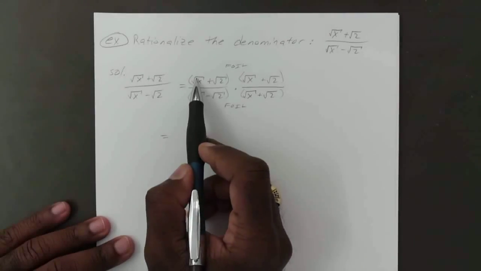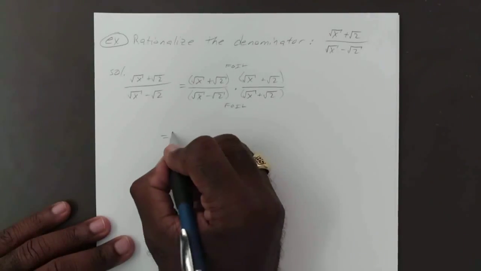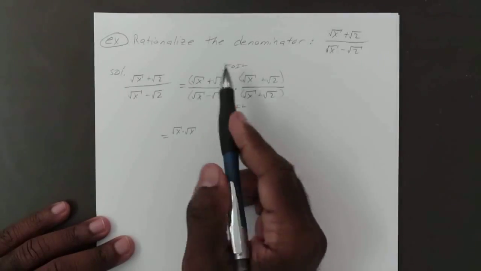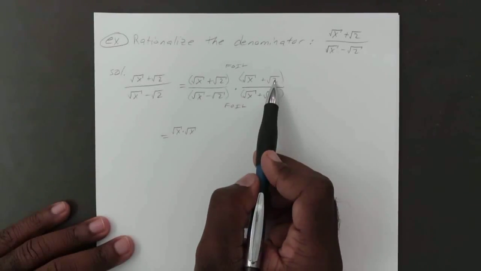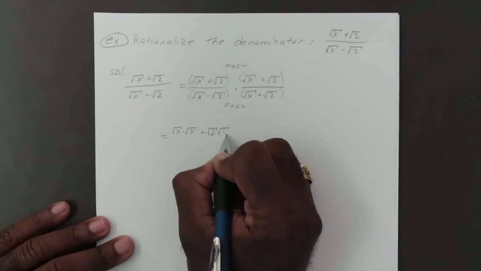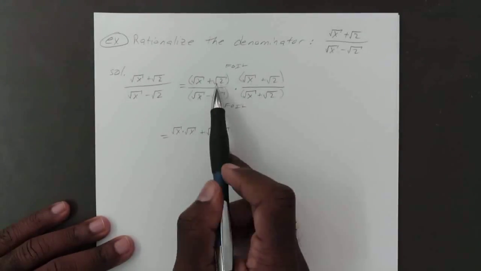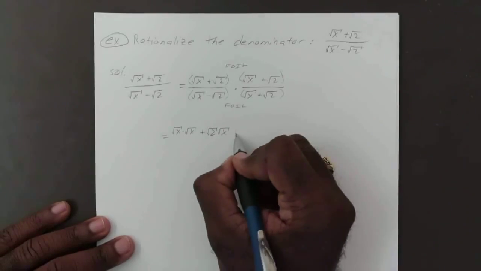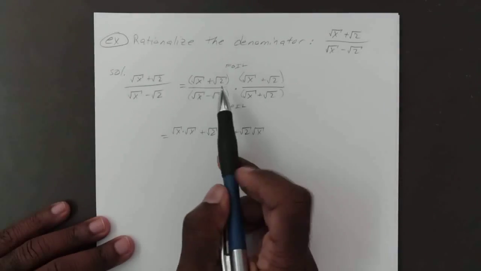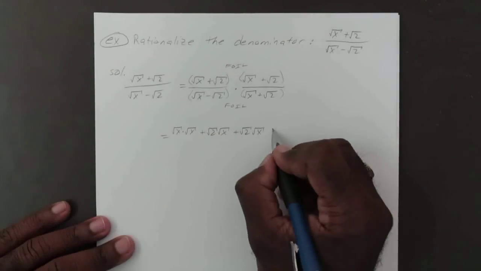Okay, so for our numerator, square root of x times square root of x. You have your outer, square root of 2 times square root of x. And your inner, square root of 2 times square root of x. And your last, square root of 2 times square root of 2.